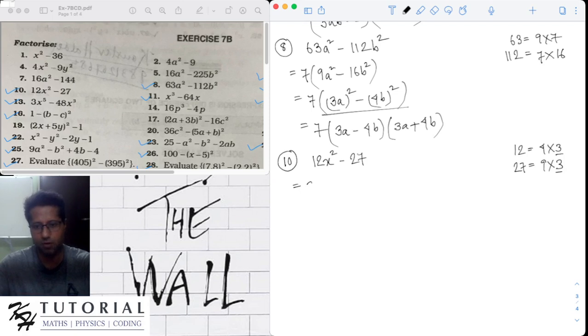So I will take 3 common and I have 4x square minus 9. Now this is equal to 3 into the square of 2x minus 3 square. So now I will apply the formula a square minus b square, and I get 2x minus 3 multiplied by 2x plus 3.